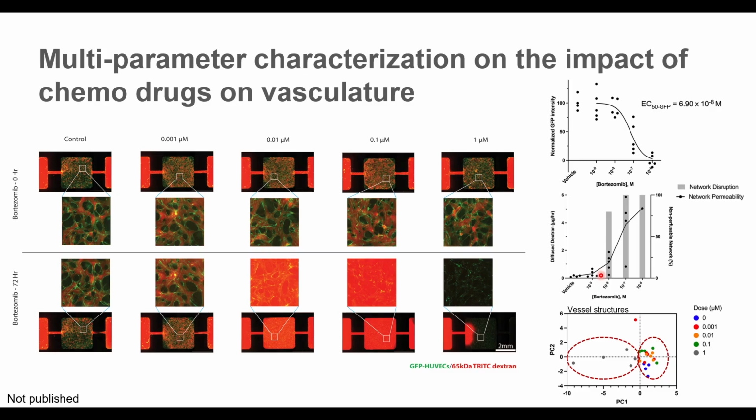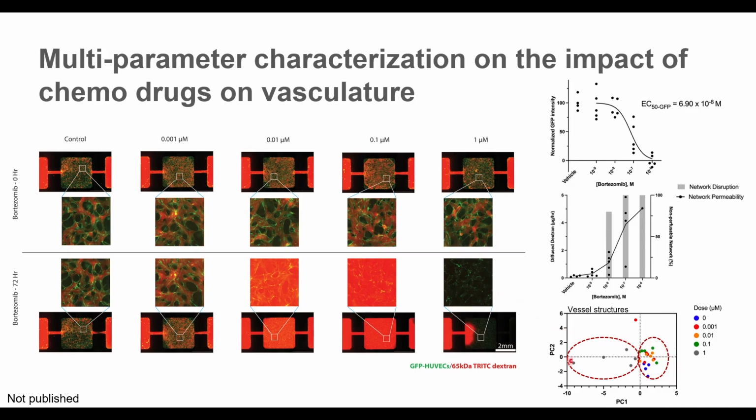So here we look at about 9 different structural parameters, and to visualize that data holistically, we did this principal component analysis. And what you see here is that if we look at the structure of the vessel, for most of the lower dosage treatments, the structure of the vessel hasn't changed very much, and they cluster around the no treatment control.